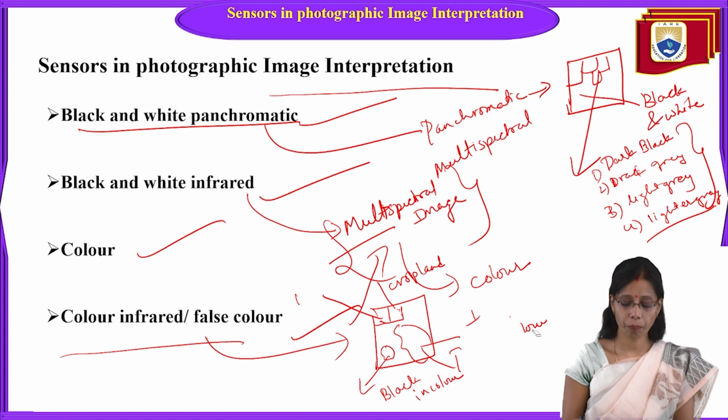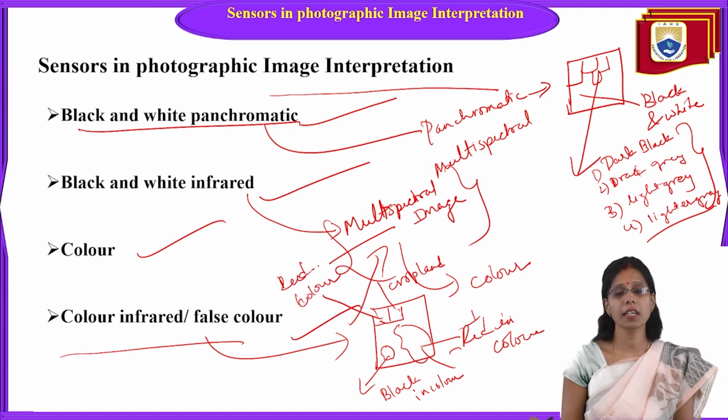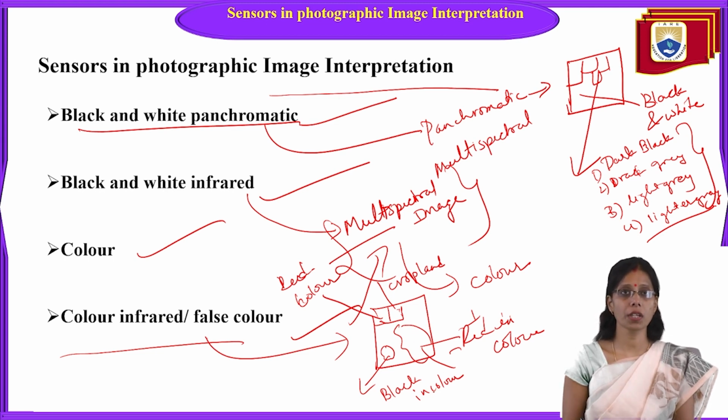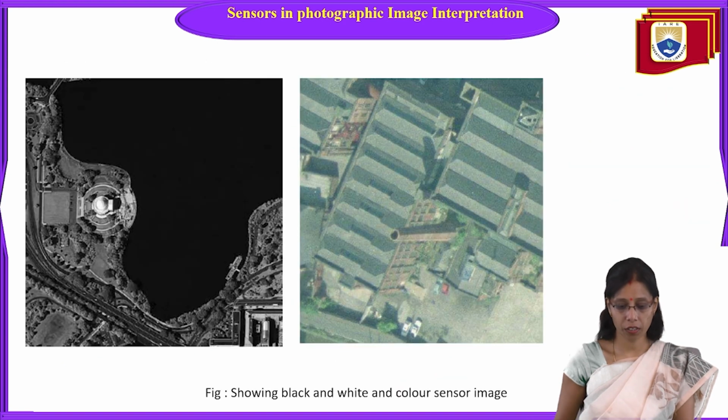Forest will be red in color, and vegetation will be red in color. Why? The reason here is, in the false color image, the spectral bands, I mean the vegetation or the forest, the greenery, will be reflecting more in the infrared region. So that's the reason it will appear red in color in the satellite images. Okay, so these are the different sensors in photographic image interpretation we do.